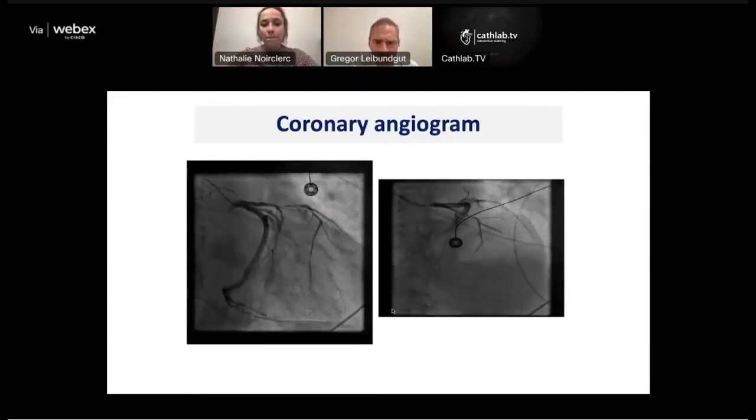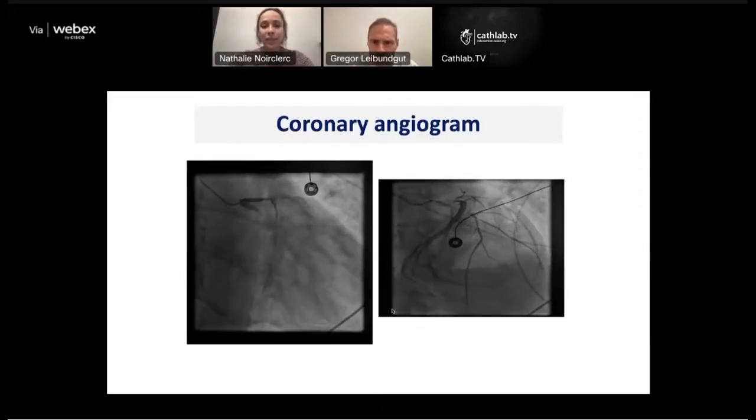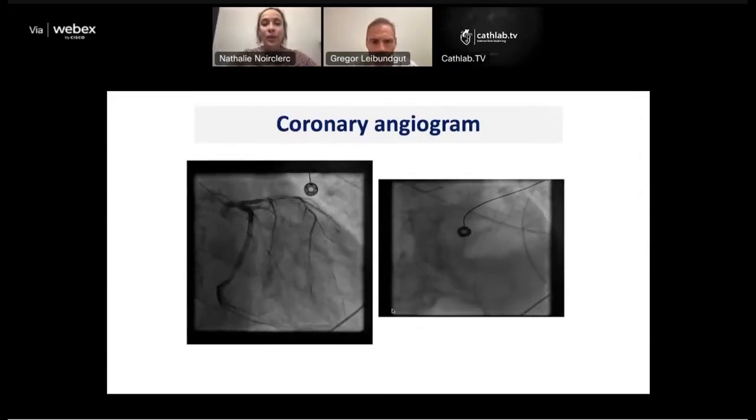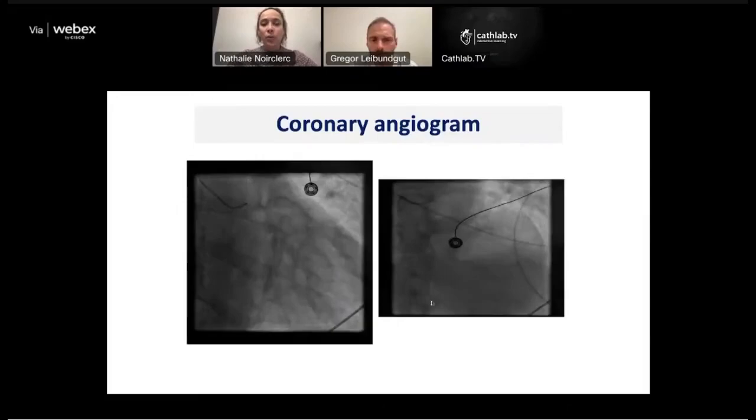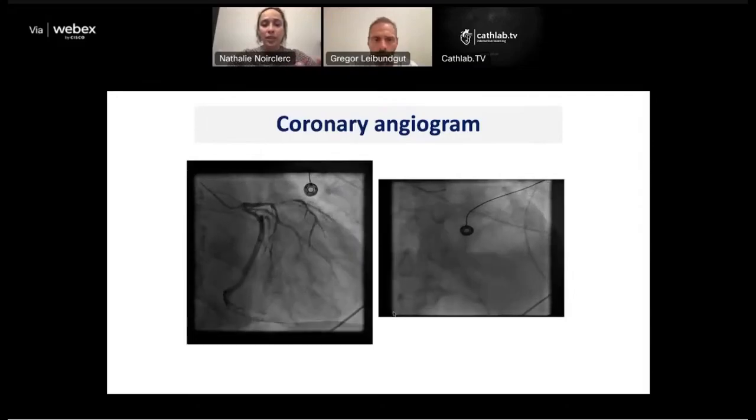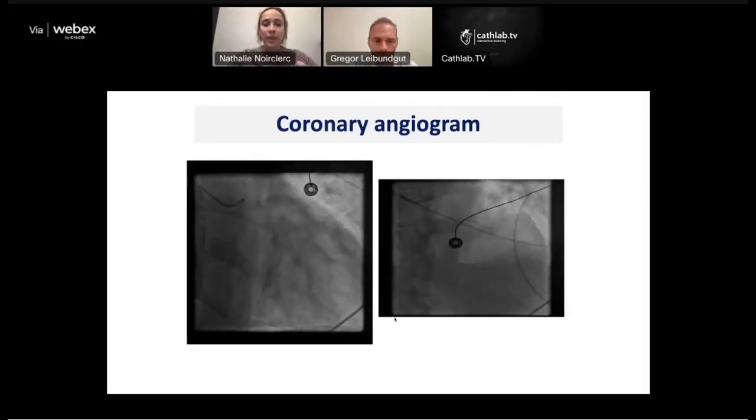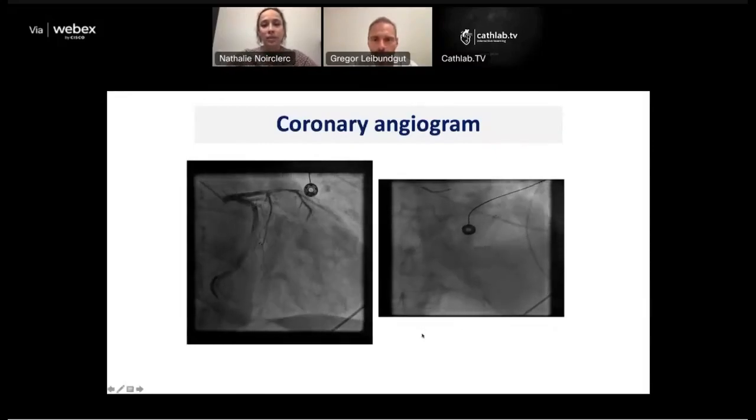This is the native vessels. You did not do anything at this point? At this point, no. It's just to show you what caused the ventricular tachycardia. But I treated it, of course. It's just to see the anatomy, because if you see where the diagonal branches are placed, you will better understand later what happened. Okay, all good.